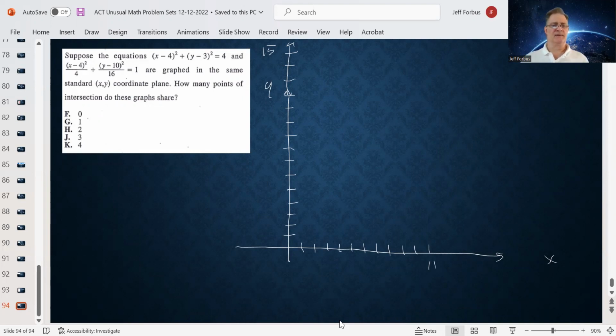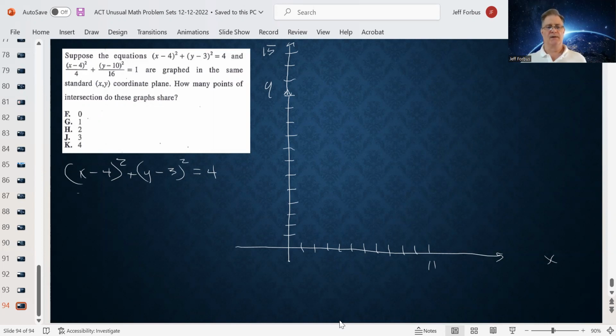Okay, so we're going to take the first equation, (x minus 4) squared plus (y minus 3) squared is equal to 4. Now, if you know this equation, (x minus h) squared plus (y minus k) squared is equal to r squared.